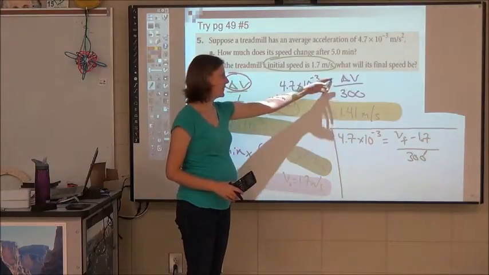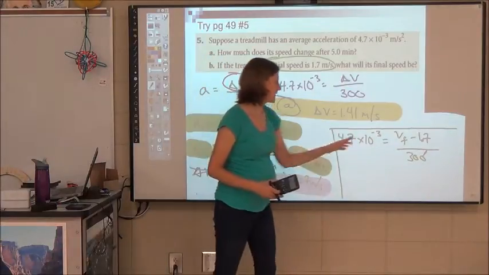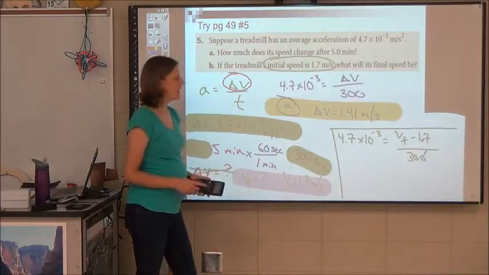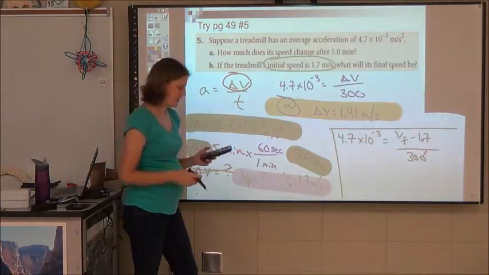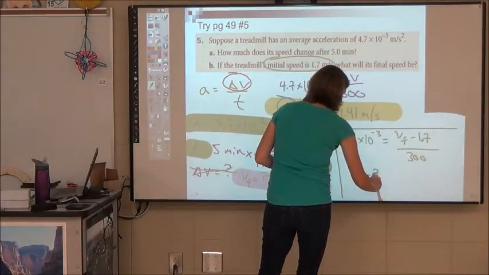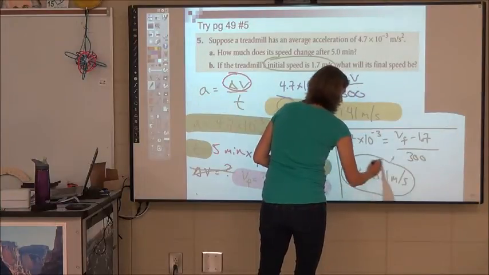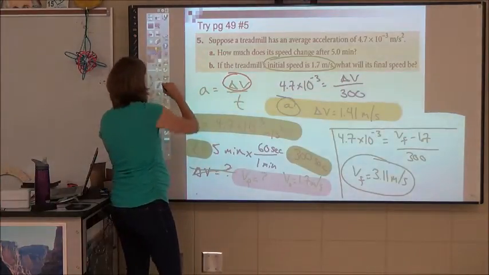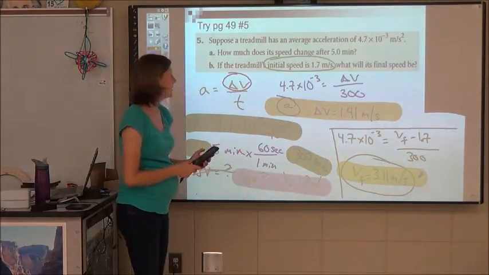And I already know the delta V is 1.41 on top anyway. So basically, what minus 1.7 is 1.41. So just add 1.7 to that. All right, and there's your answer to part B.